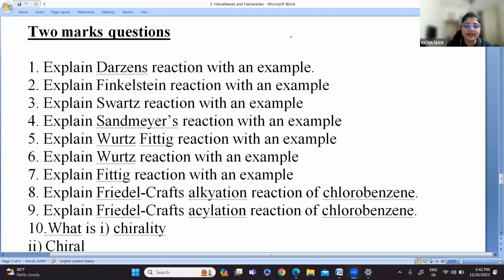Chlorobenzene and bromobenzene can be prepared by treating benzene diazonium salt, that is benzene diazonium chloride, N2Cl, with cuprous chloride, that is Cu2Cl2, in the presence of HCl, giving you chlorobenzene plus N2. Fine. So this is your Sandmeyer's reaction.